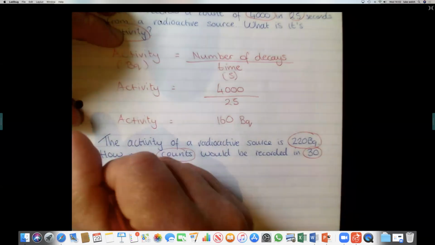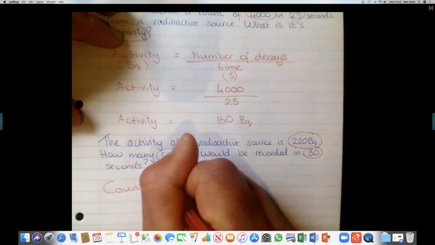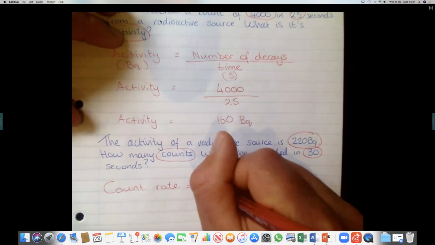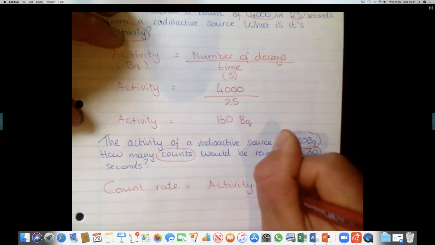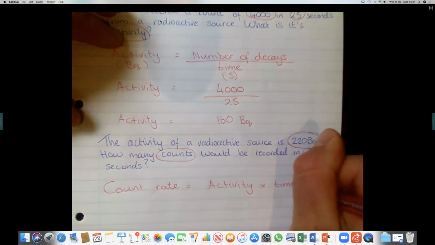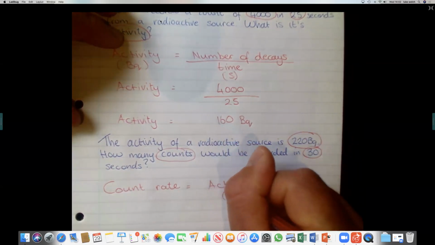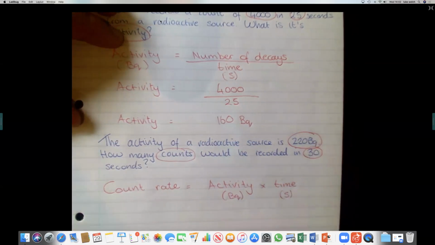So count rate, the number of decays, equals activity times the time taken. Remember again, activity is measured in becquerel. I like to keep writing it out. It helps embed it into my long-term memory.